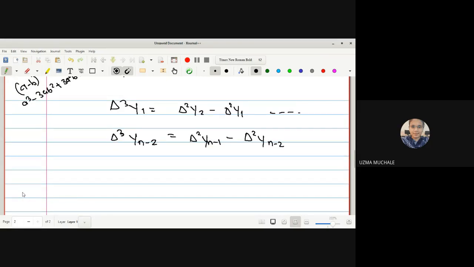So in this way we have found the third order forward differences. Similarly, now let me write down the general one, that means the nth order differences. So in general we can write delta raised to n yi, that is the nth order differences, instead of saying first order, second order, third order and so on.